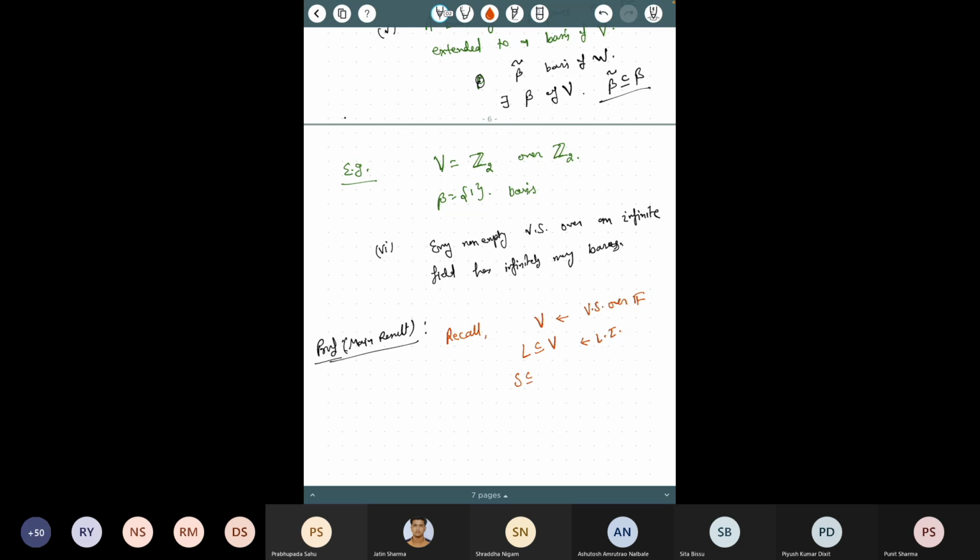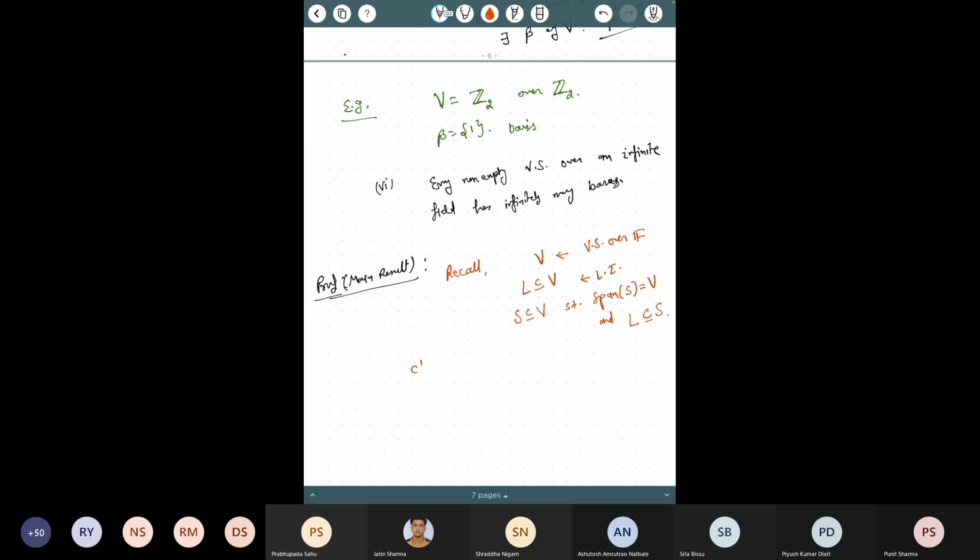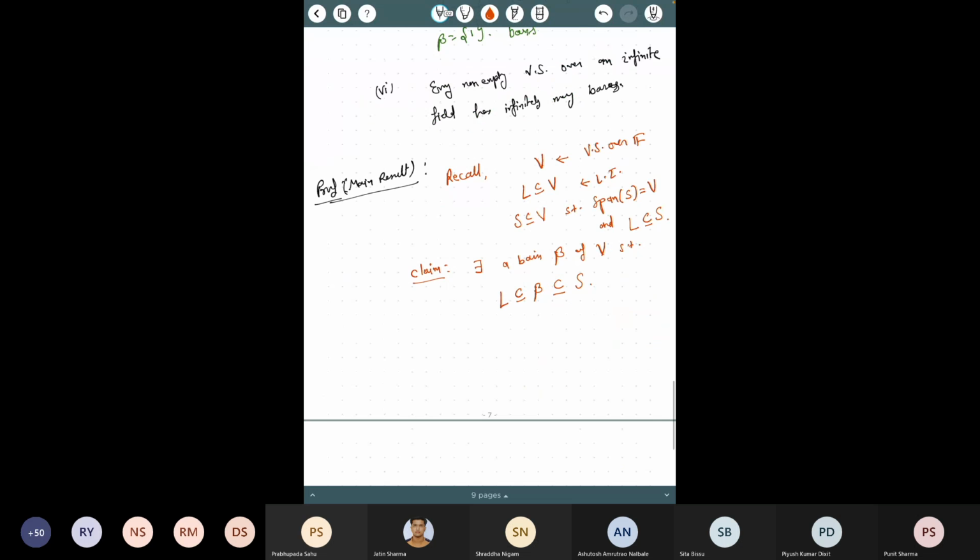We have a subset S of V such that span of S is equal to V and L is contained in S. Then what is our claim? Our claim is to show that there exists a basis B of V such that L is contained in B and B is contained in S. So this is what we are trying to prove.